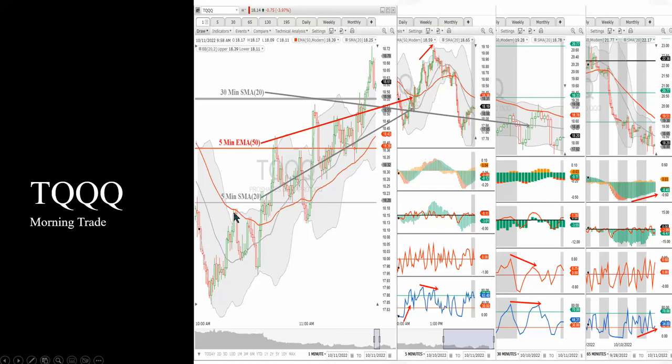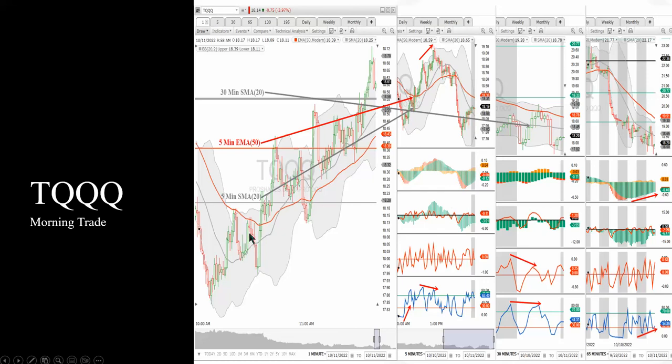You can't just watch this surge up and then, okay, that's my entry point. No, you have to let it back test back down. And what I like to do to force me to wait, I will let it back test on the 5 minute time frame, which was right here. This here is equivalent to that here.